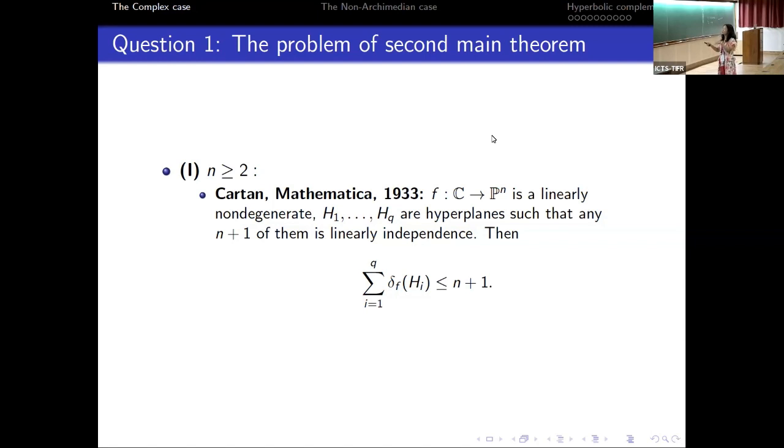So it's controlled by the dimension of the projective space. Okay, and people want to generalize this problem from P^n to any algebraic variety of any dimension, and hyperplanes are replaced by hypersurfaces. So what will happen?